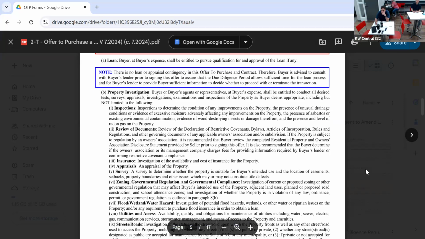Utilities, access, streets, roads, all of these things, which a lot of coincidentally also show up on the professional services disclosure, where the buyer is either electing or waiving the opportunity to do some of these things.